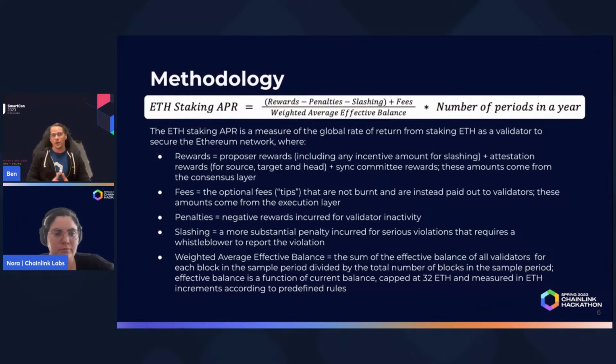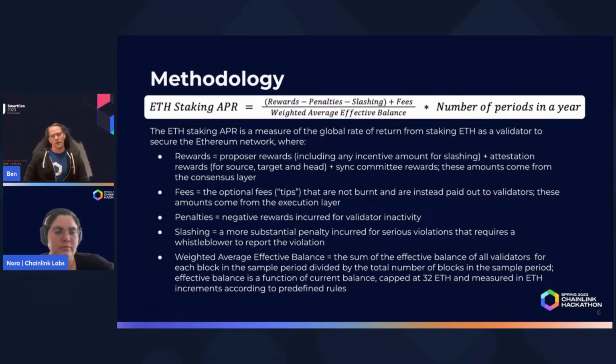Then they're adding that up across blocks and dividing that total by the number of blocks in the sample period to get the weighted average. The reason we're using a weighted average is the total effective balance can vary block over block, epoch over epoch, as new validators enter and older validators exit, and some validators may incur penalties for being offline, such as a dropped internet connection.